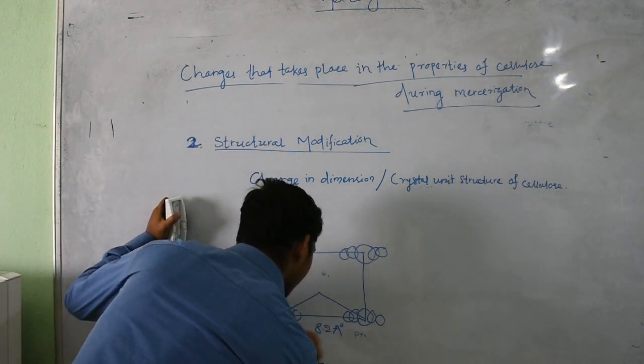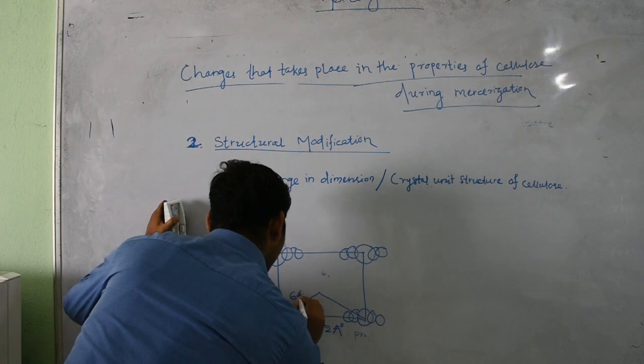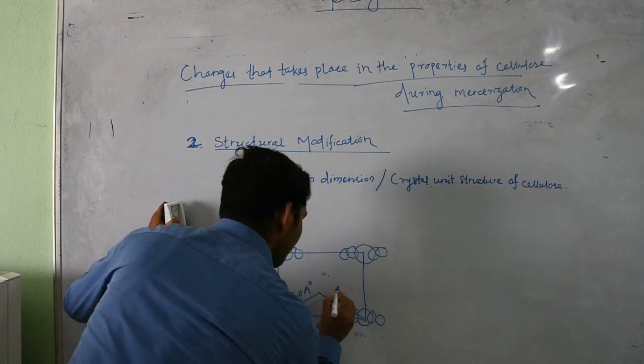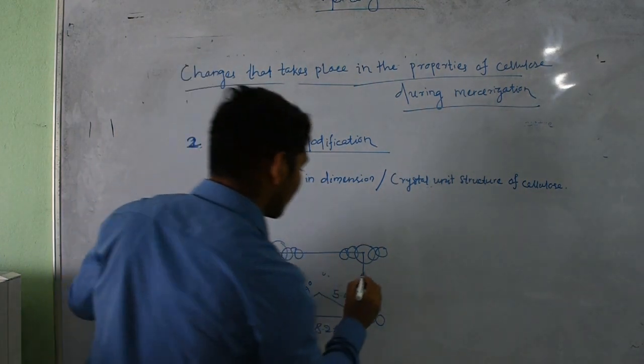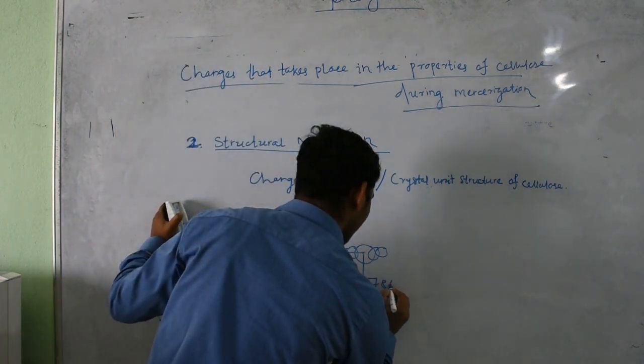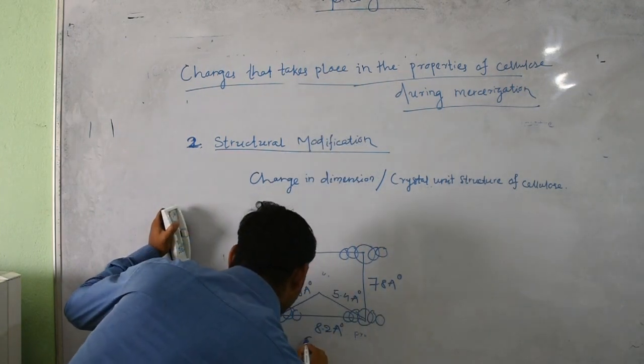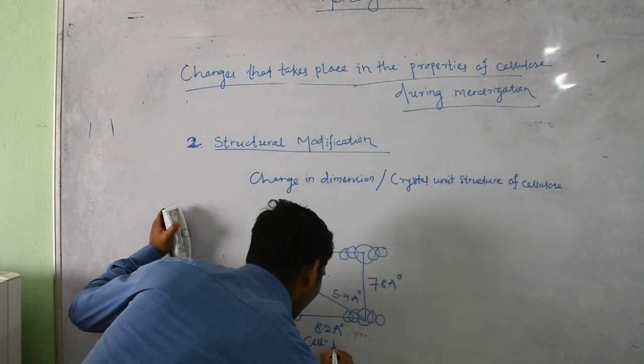The dimension is 8.2 angstrom, this is 6.0 angstrom, this is 5.4 angstrom, and this is 7.8 angstrom. This is the crystal unit structure of cellulose first.